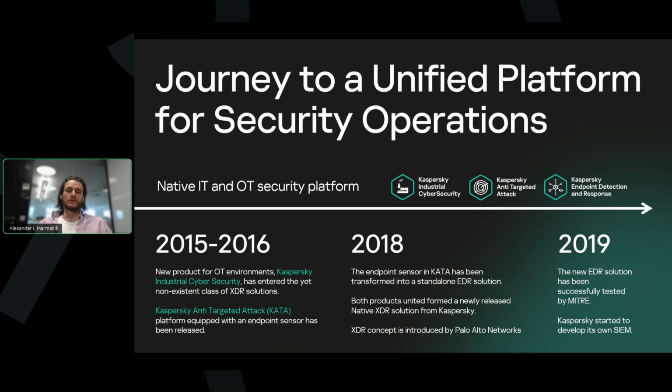In 2015, two products were introduced that you are probably familiar with, our long-standing products: Kaspersky Industrial Cybersecurity, KICS, and Kaspersky Anti-Targeted Attack. And why does it matter? Why do we start the timeline there? Kaspersky Industrial Cybersecurity united the network aspect and the endpoint aspect into one industrial XDR platform.